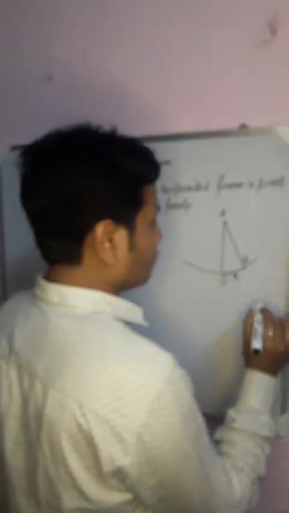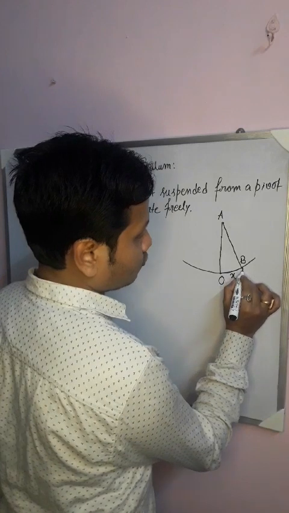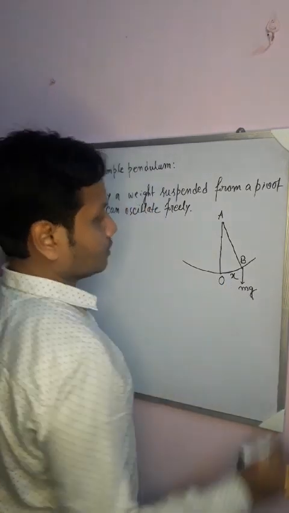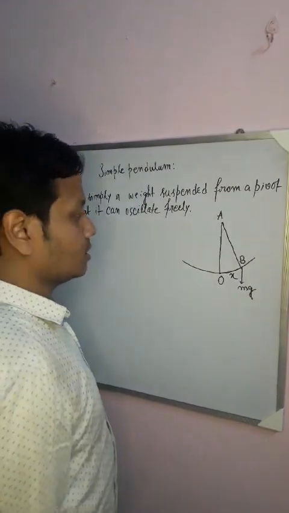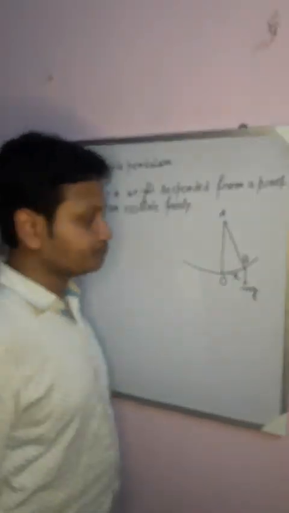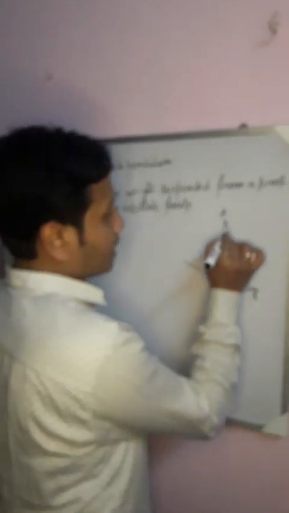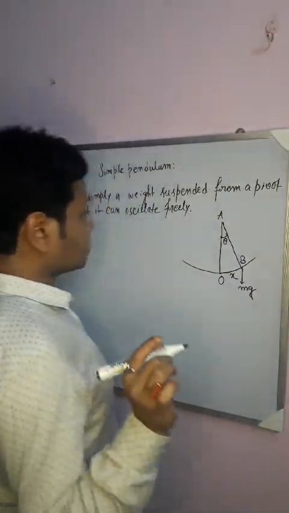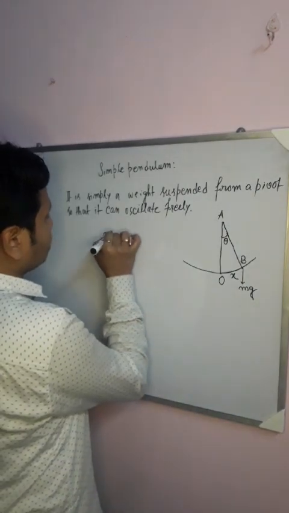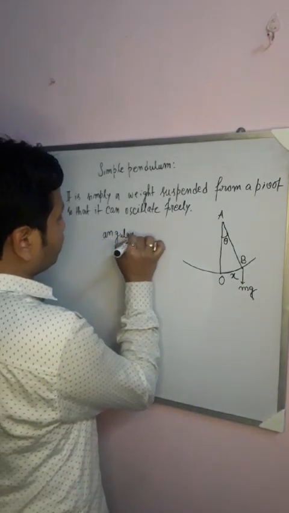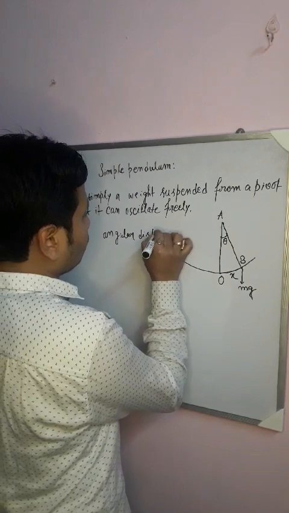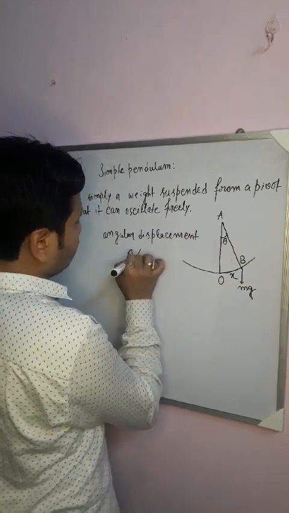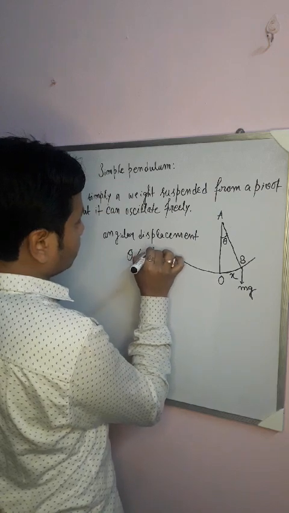Now the pendulum bob has mass m, so at this point the weight acts in the downward direction. This is the angular displacement theta, and one thing we must remember here is that the angular displacement theta is taken to be less than 4 degrees.